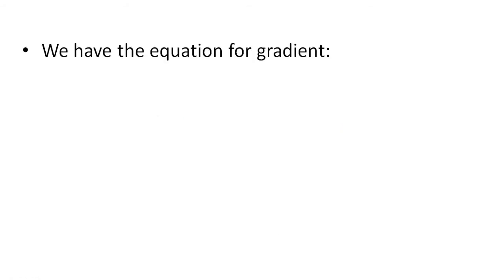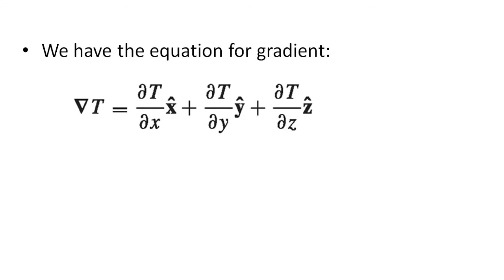Del operator. We have the equation for gradient, that is grad t or del t equal to dou t by dou x x cap plus dou t by dou y y cap plus dou t by dou z z cap. In a problem we have discussed del r, that is equal to dou r by dou x x cap plus dou r by dou y y cap plus dou r by dou z z cap. So we know that del is an operator.